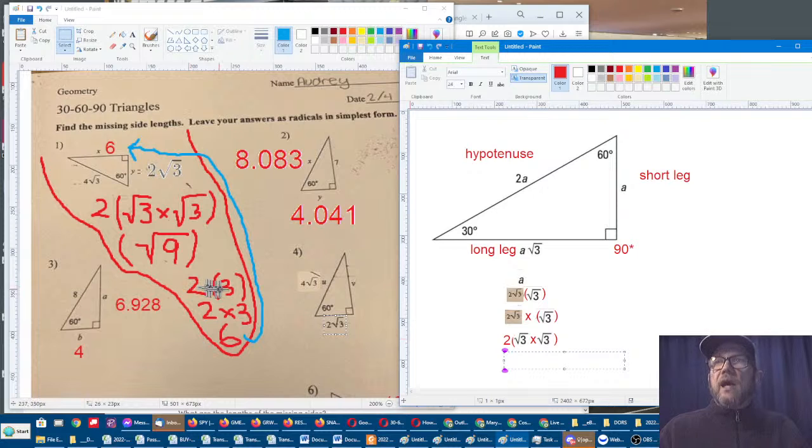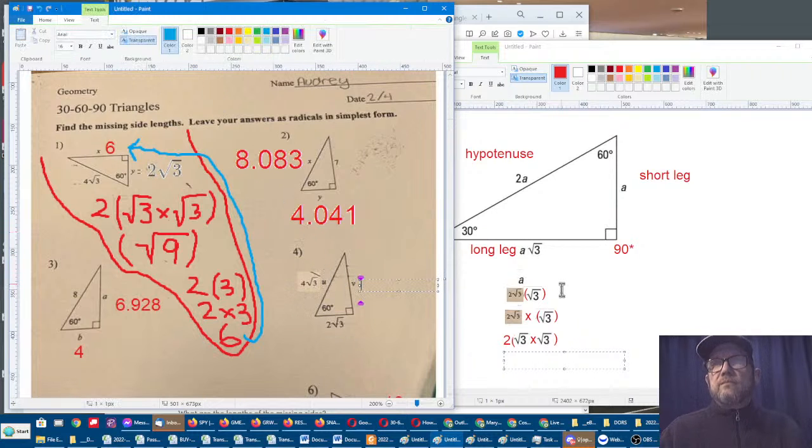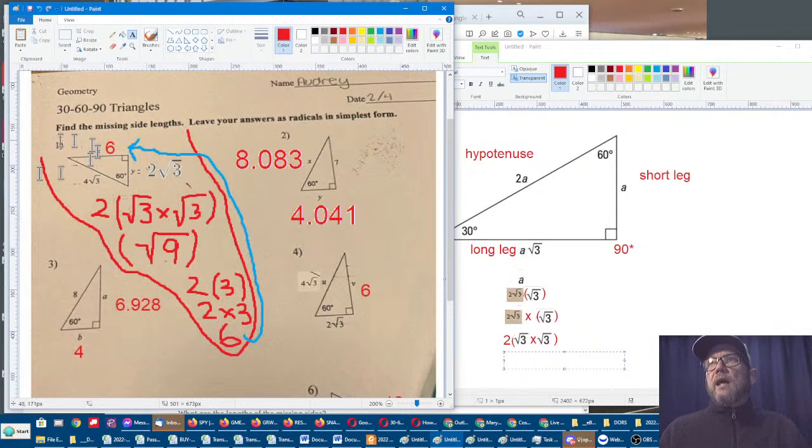So we got 2 times 3 equals 6. So that's your answer for your long leg. So number 4 and number 1 are about the same, with different sides to work with.